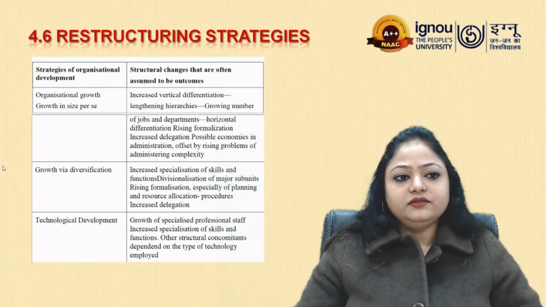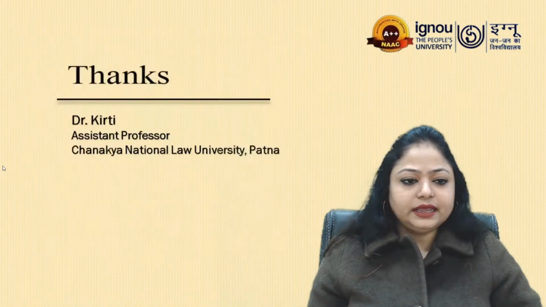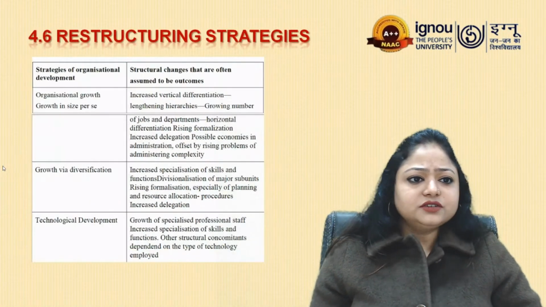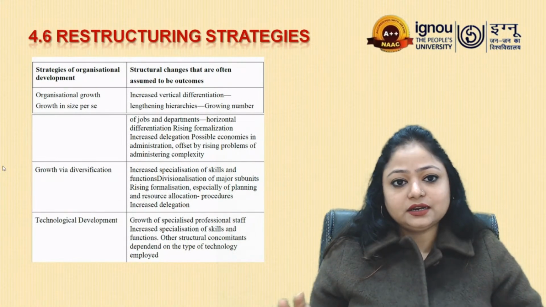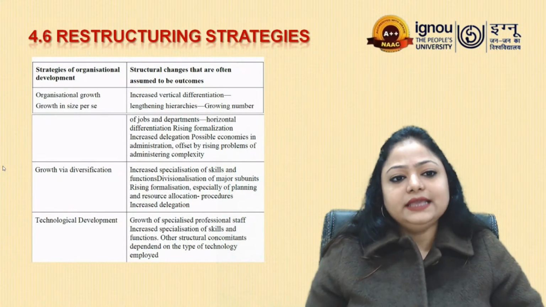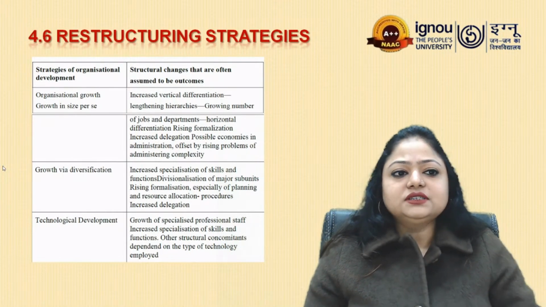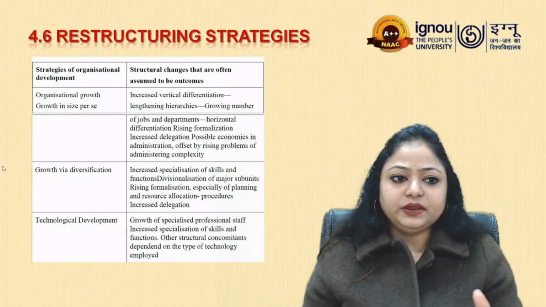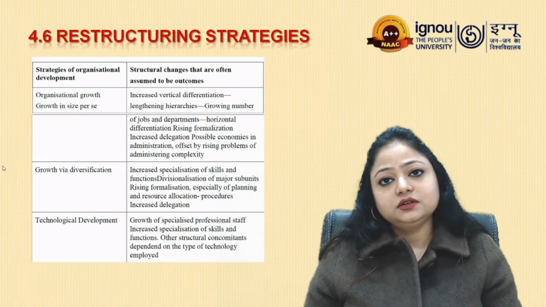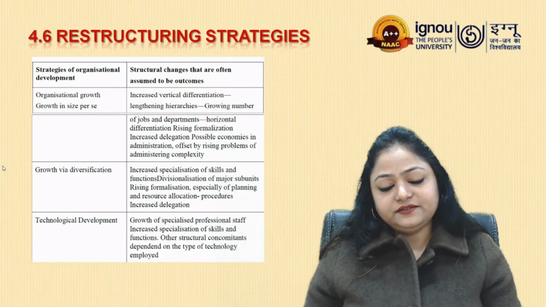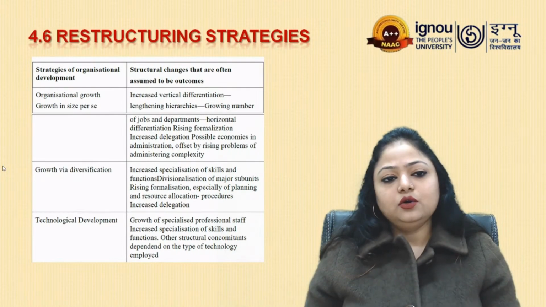So here we are about to view certain strategies of organizational development and structural changes that are often assumed to be the outcome. So the first strategy of organizational development discussed here is organizational growth. Growth here refers to the size of the operation.